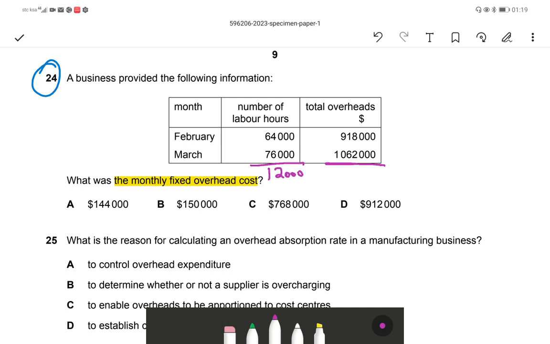So the difference: to produce 64,000 hours, the overhead is 918,000, and to produce 76,000 hours, that is 1,062,000. So to produce 12,000 extra hours, they spent an extra 144,000. So we'll get the variable cost.